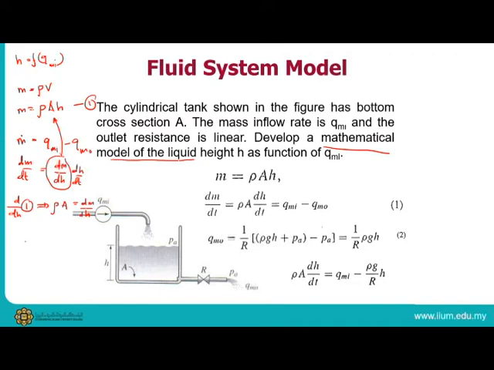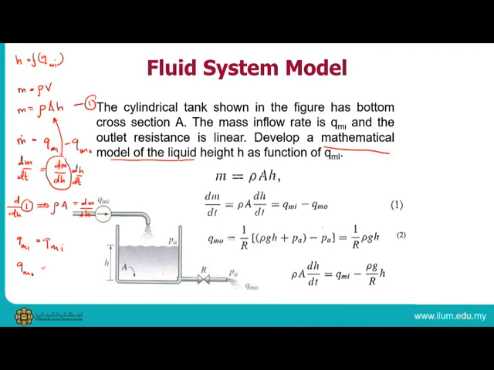The next step, you need to find what Qmi is and what Qmo is. Qmi is simply Qmi, and for Qmo, the pressure here is equal to the atmospheric pressure plus the fluid pressure from here to here, right?